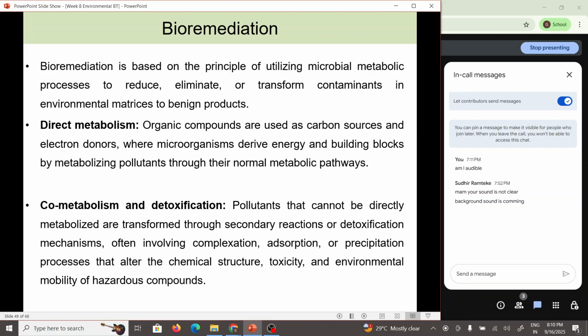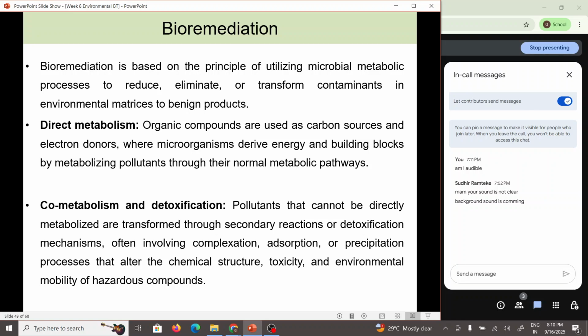There is one more thing called co-metabolism and detoxification. In this case, the pollutants that cannot be directly metabolized are transformed through secondary reactions or detoxification mechanisms. The detoxification mechanisms include complexation, adsorption, or precipitation. So what happens is the chemical structure of the contaminant present in the system is being truncated, therefore the toxicity is reduced, and also the mobility is reduced.